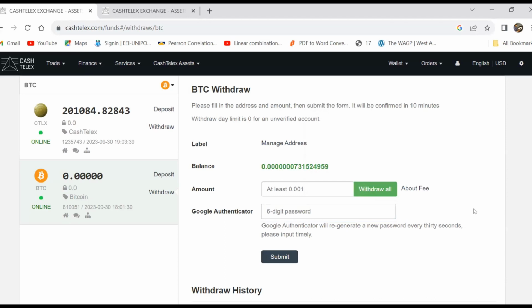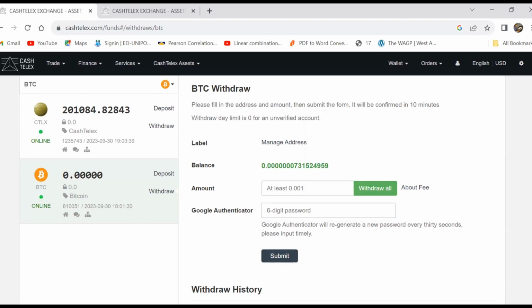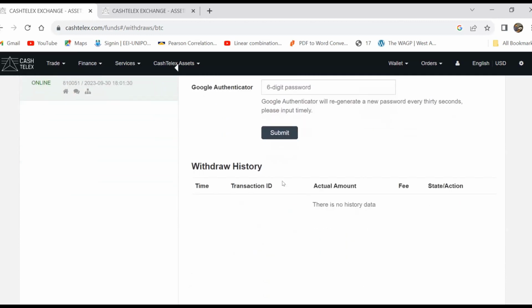It will be confirmed in 10 minutes. Then your withdrawal history will pop up here to tell you the time, the transaction ID, the actual amount you withdrew, the fee, and the action that took place. So that is it for deposits and withdrawal of CTLX and Bitcoin.